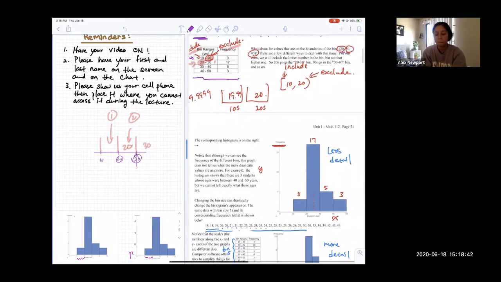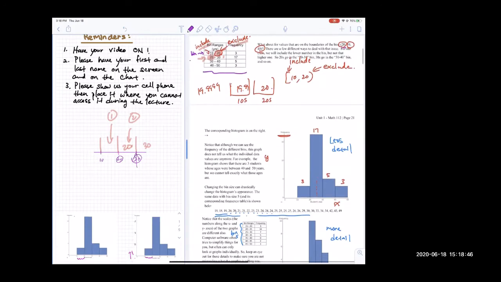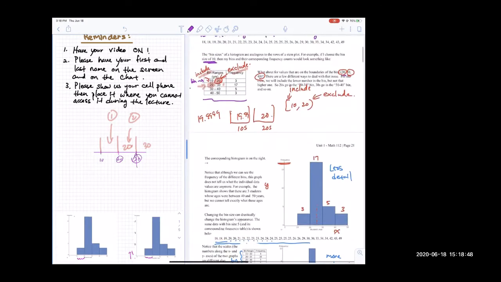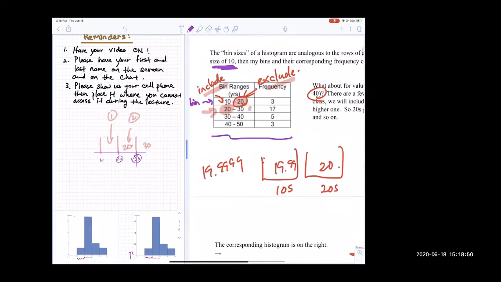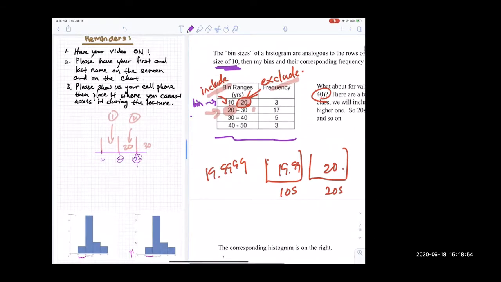Okay. So here, in this frequency table, they designated the class bin width to be 10, but it's always up to you to designate the bin width.